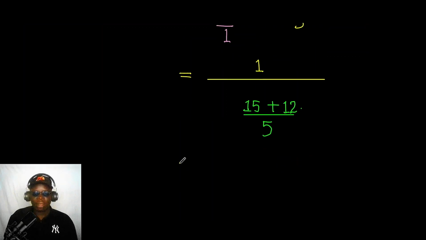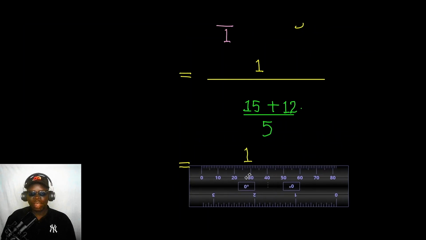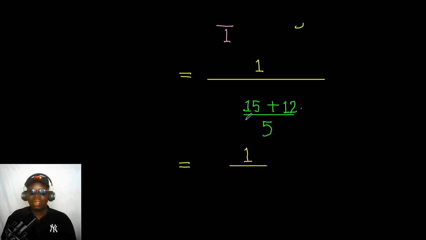We're gonna have our 1 still up here, but this time we're gonna reduce this division sign because what we have in the denominator is already small. And when we add 15 plus 12, we get 27. Therefore, we're gonna have from the denominator our 27 divided by 5. Wow, everything is falling in well.